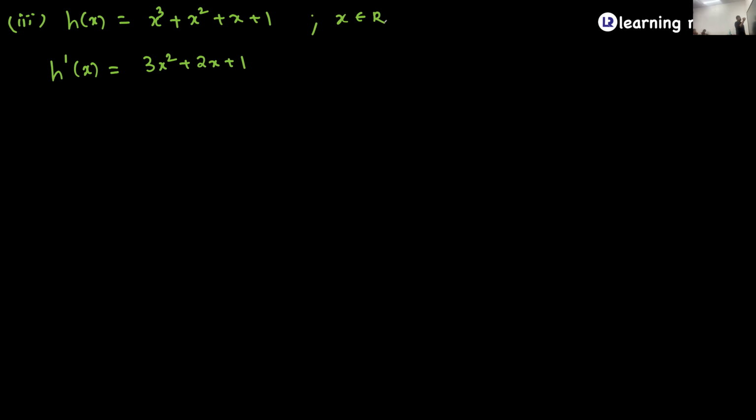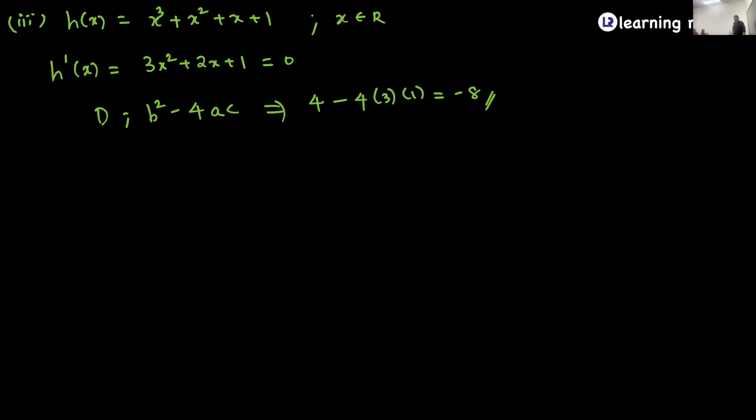Now, if I equate this to 0, then I should get some value of x from the real number system. This is basically a quadratic equation. If I find its discriminant, which is b square minus 4ac, it is going to be 4 minus 4 into 3 into 1, which is minus 8.